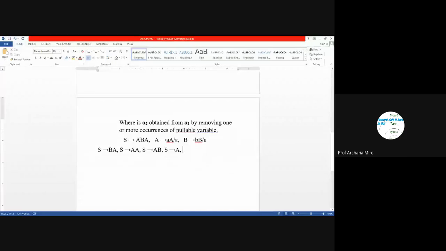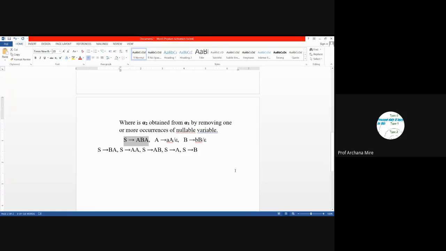What we can do, we can delete this first A and we can delete this last A, and in that case we can add a new production rule, that is S leading to B. So we need to check all combinations, all possibilities. That's why one more production rule which can be added in this grammar is S leading to B.